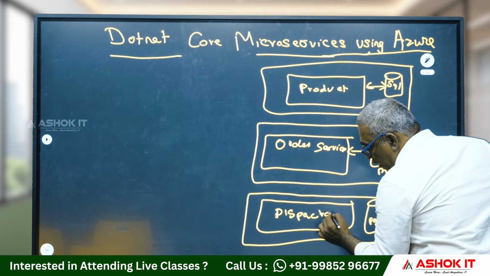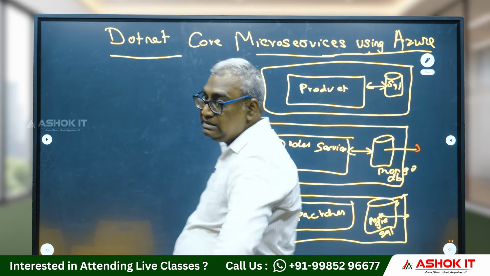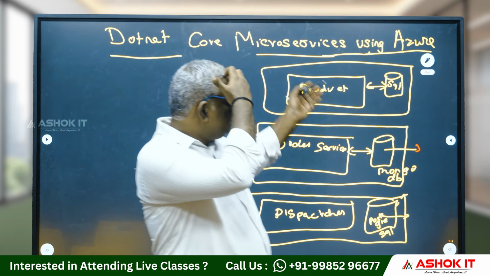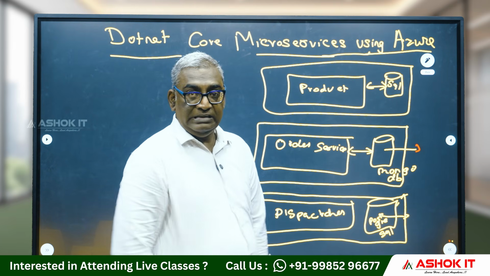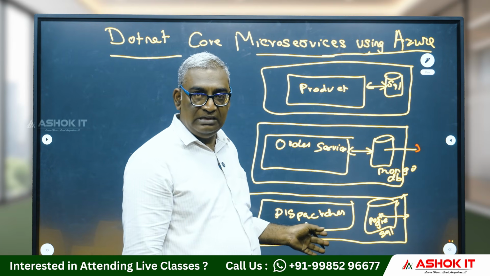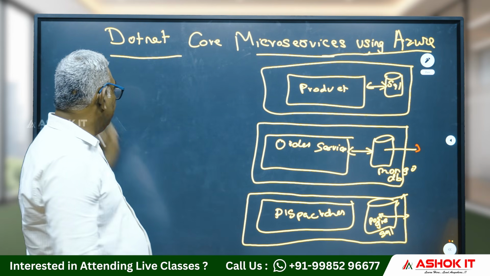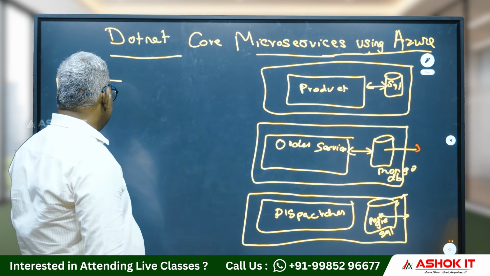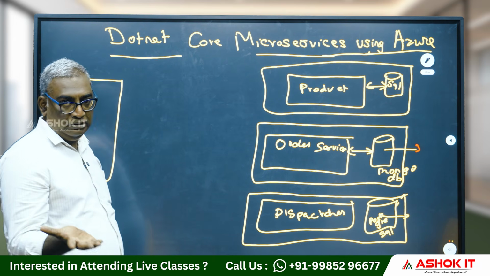Now, all are independent services. I have a product service, an order service, and a dispatcher service. Every service is independent. Now what I want to do is call these services with the help of an Angular client. Take the example of a Swiggy or Zomato portal.